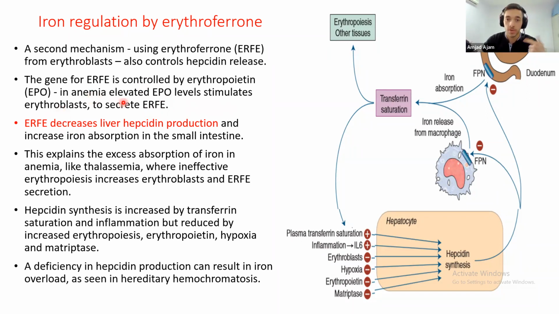We have anemia, so we need more RBCs. This erythroblast will secrete erythroferrone. Now the erythroferrone will decrease the liver hepcidin production because we require more iron. So this explains the excess absorption of iron in anemia, where ineffective erythropoiesis increases the erythroblast and erythroferrone.